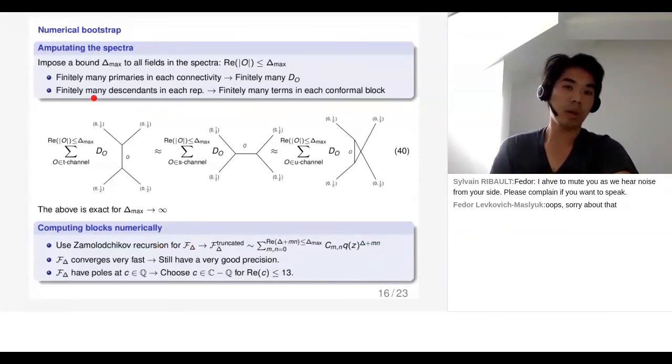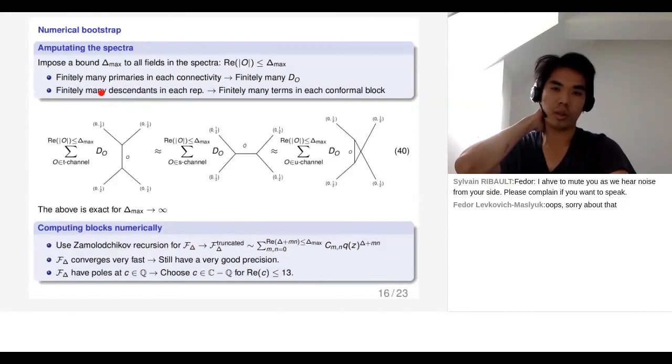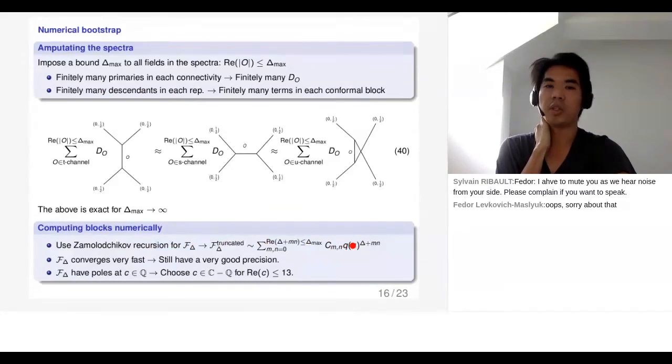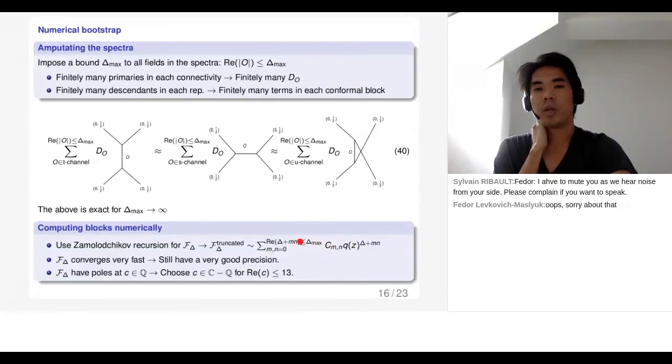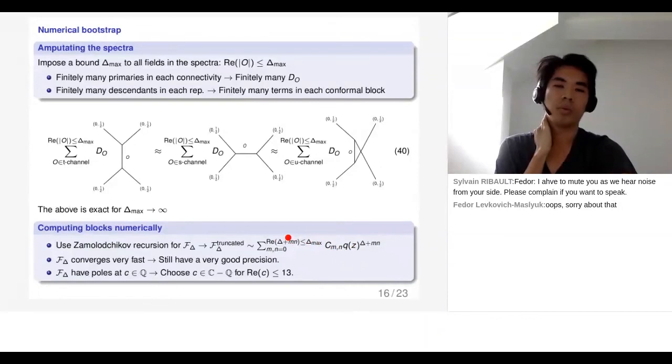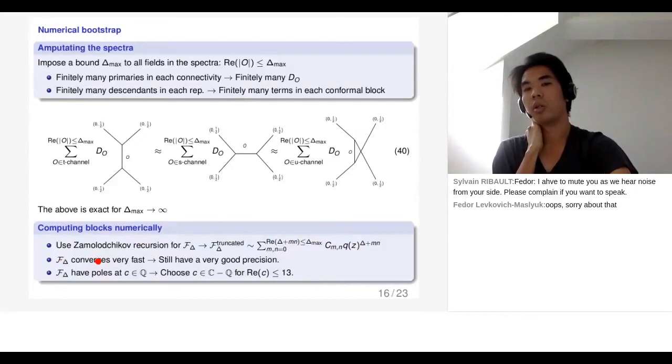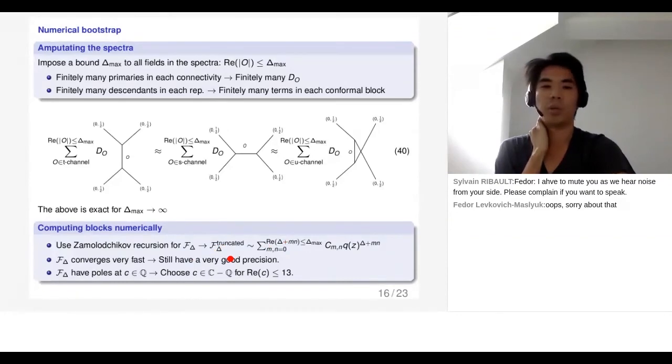And because we have truncated the spectra in this way, the conformal block here would be a truncated series, where this q here is the elliptic nome in z, and z again is the position, and c here only depends on the central charge. The sum here usually runs to infinity if we did not truncate the spectra. And the nice thing about this recursion is that it converges very, very fast. Therefore, even if we use this truncated sum here, it will still have very good precision for the numeric result, as we shall see.